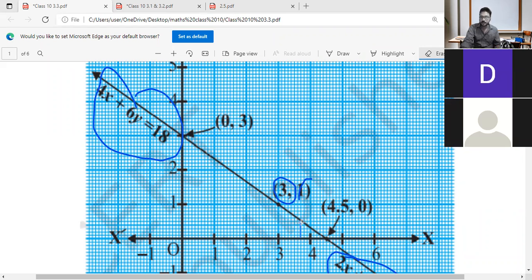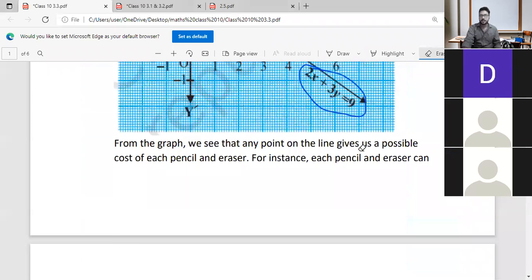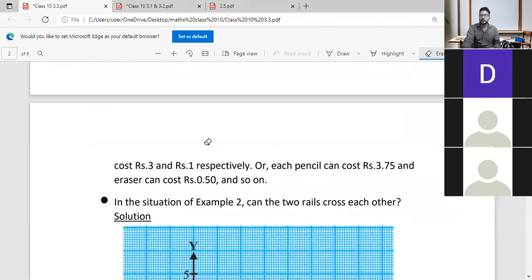And corresponding to that 3.75, you take it to the left, like this. We can see that corresponding to 3.75 we have 0.5. That is what the example is also saying.